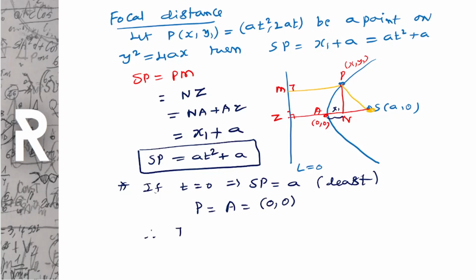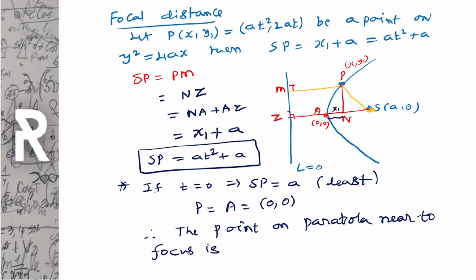Therefore, the point on the parabola nearest to the focus is the vertex, and it is also nearest to the directrix.